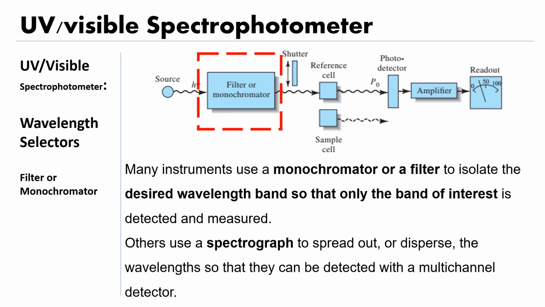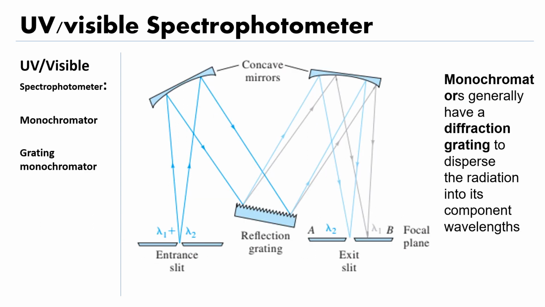In many instruments they use a monochromator or filter to isolate the desired wavelength band so that only the band of interest is detected and measured. Others use a spectrograph to disperse the wavelengths so that they can be detected with a multi-channel detector. This is the monochromator, called a grating monochromator.